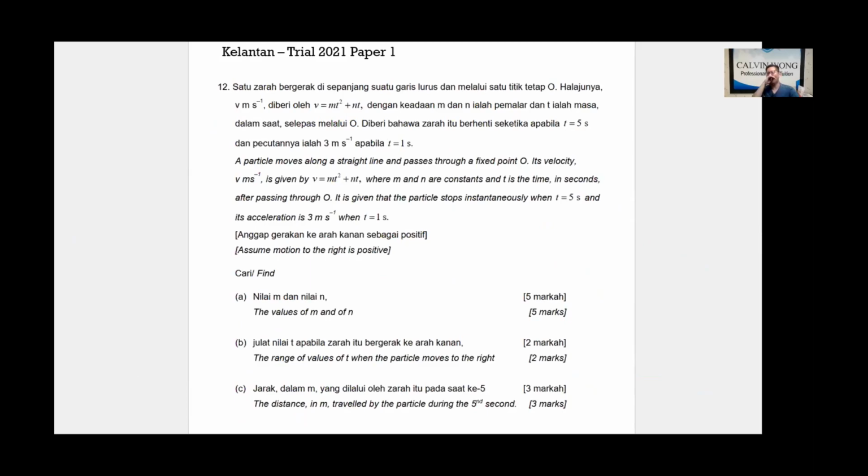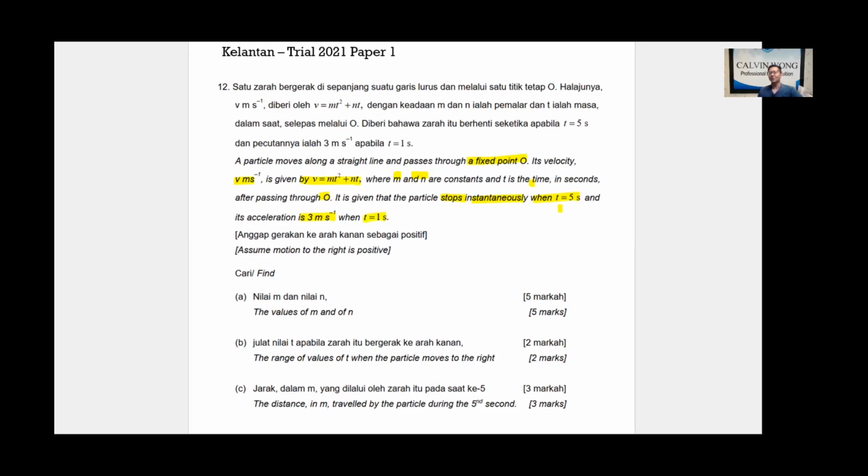Kelantan paper also. I like this question. No, I like the font. The writing is very beautiful. Particle moves along, passes through a fixed point O. The velocity is given by this one, where m and n are constants after passing through O. It is given that the particle stops instantaneously again, that means v equals 0 when t equals 5. And the acceleration dv/dt, substitute.